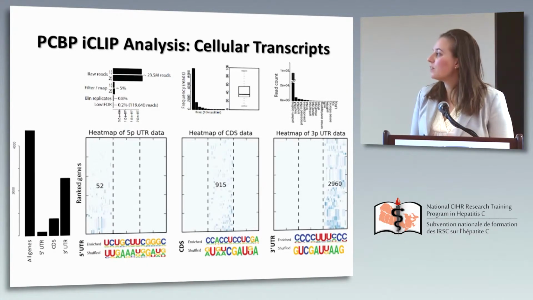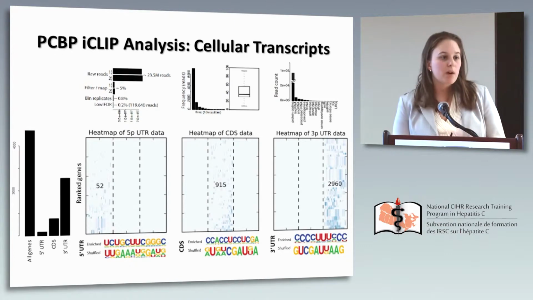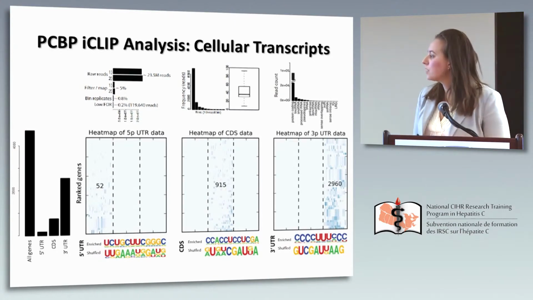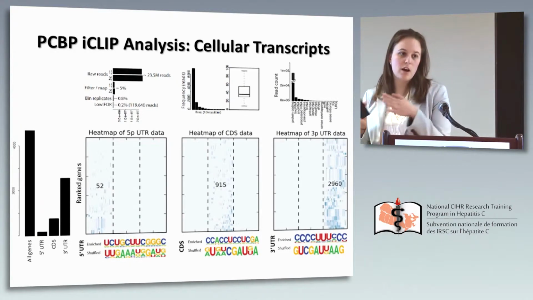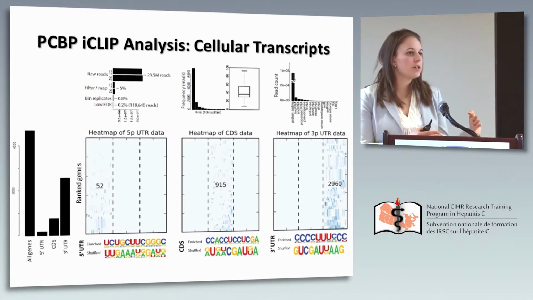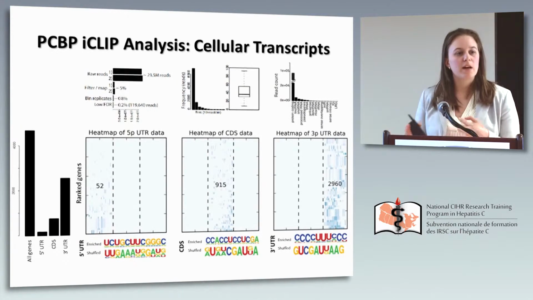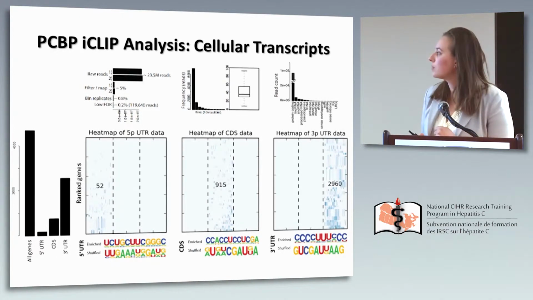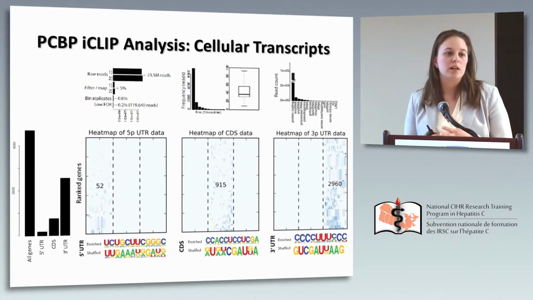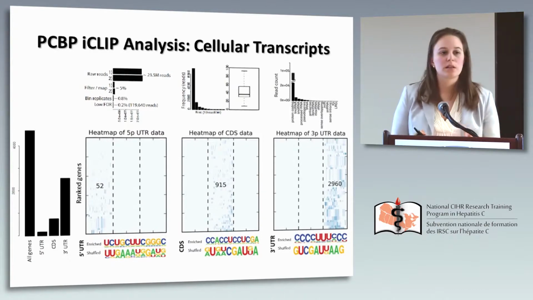And most of the binding sites were in the 3' UTR of genes. Interestingly, the sequences that were enriched in either the 5' UTR, the coding sequence, or the 3' UTR were different depending on the location of the poly-RC binding protein, although they were all enriched in poly-C or poly-U sequences.